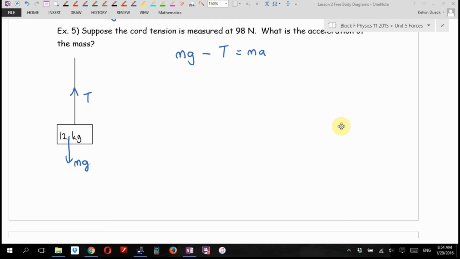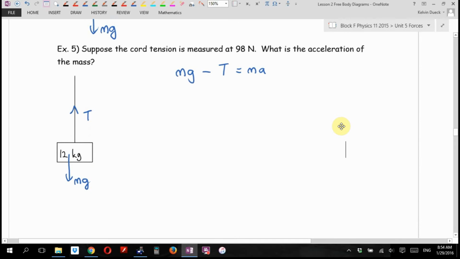Haley, what did this question want me to find? What letter stands for acceleration in my little equation there? All right, boys and girls, how would I get that A by itself? What's right in front of the A mathematically? And what's the M doing? Adding, subtracting, multiplying, or dividing? So if you had to move it over, what would you do?